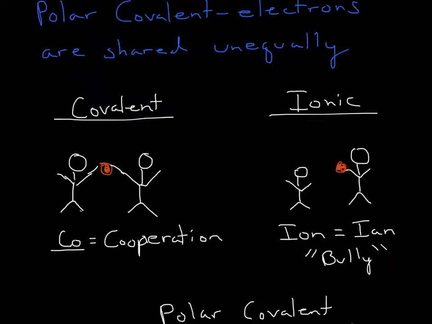In an ionic bond, when it takes the electron, this entire atom becomes negative, and since this one lost the electron, it becomes positive. Since opposites attract, they form a bond, just like how a bully and a victim form a bond, just because opposites attract.